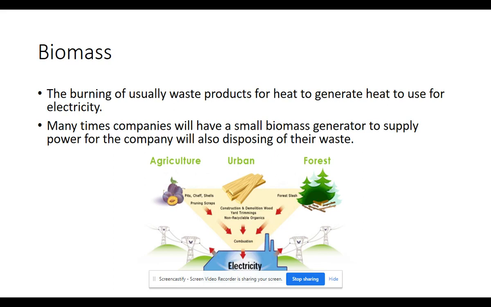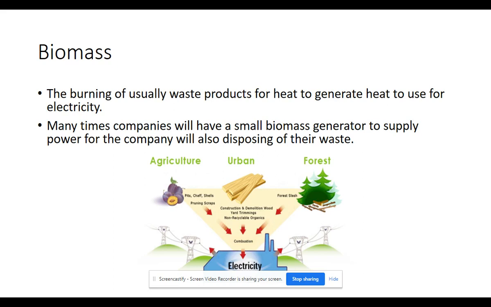Basically, it's taking stuff that is in general considered garbage or waste products and burning that to create electricity. So it generally has the added benefit of getting rid of some garbage and also getting the electricity to run it.